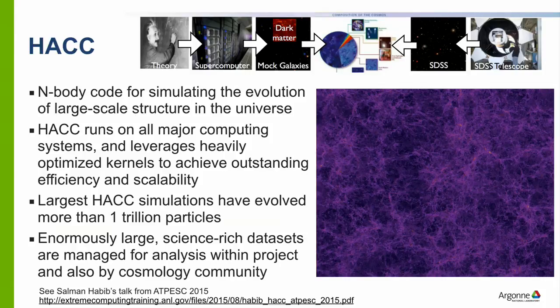HACC is interesting because it's an n-body code for simulating the evolution of structure in the universe. It has shown up in many places. It runs on, say, Mira, and it runs on Titan, and has run on a series of systems before that, achieving very good performance on all of them because it's designed to do so.